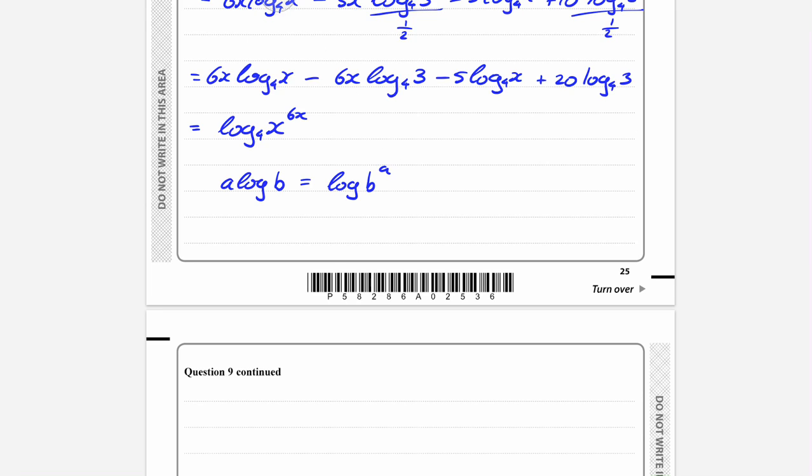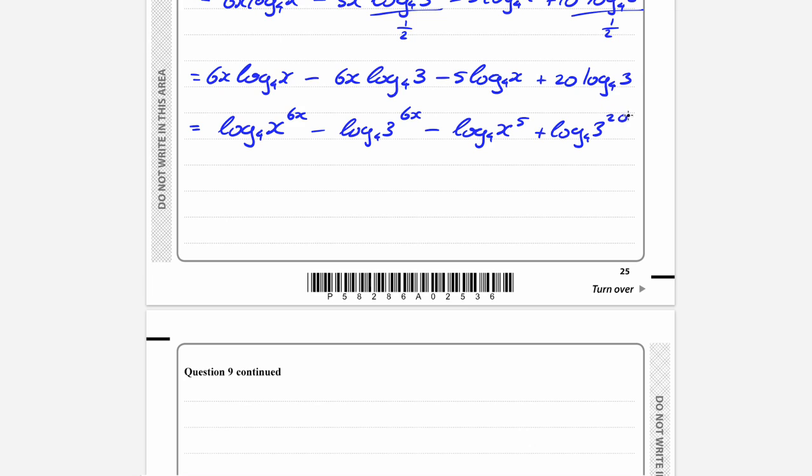Okay, that's one of our rules, so I'm going to do that with all of these. So this is minus log 3 base 4 to the power of 6x, minus log x base 4 to the power of 5, plus log 3 base 4 to the power of 20.